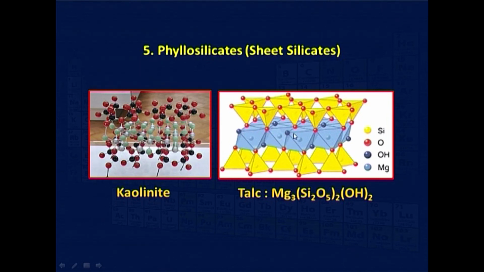This layer is of magnesium ions and hydroxyl ions. These 2 layers slide one over another about this sandwiched layer of magnesium and hydroxide ions in the talc, and that is why the lubricating property appears.